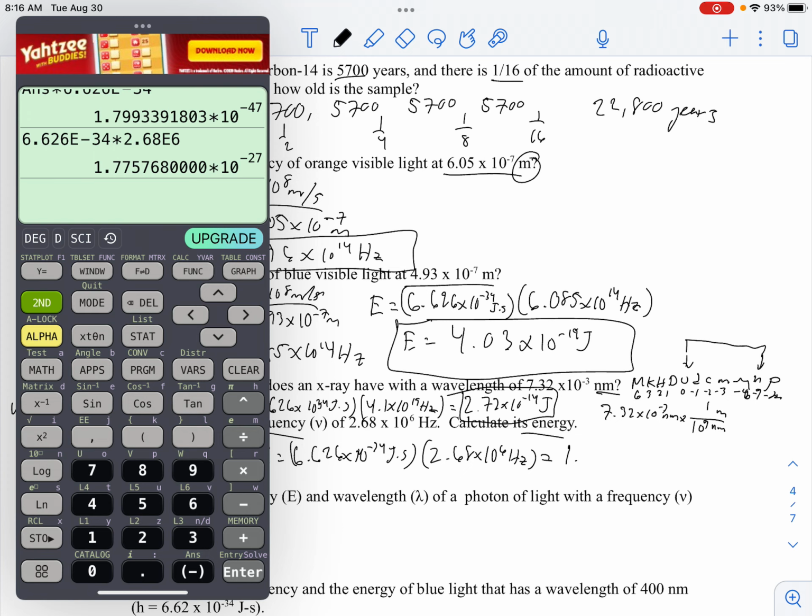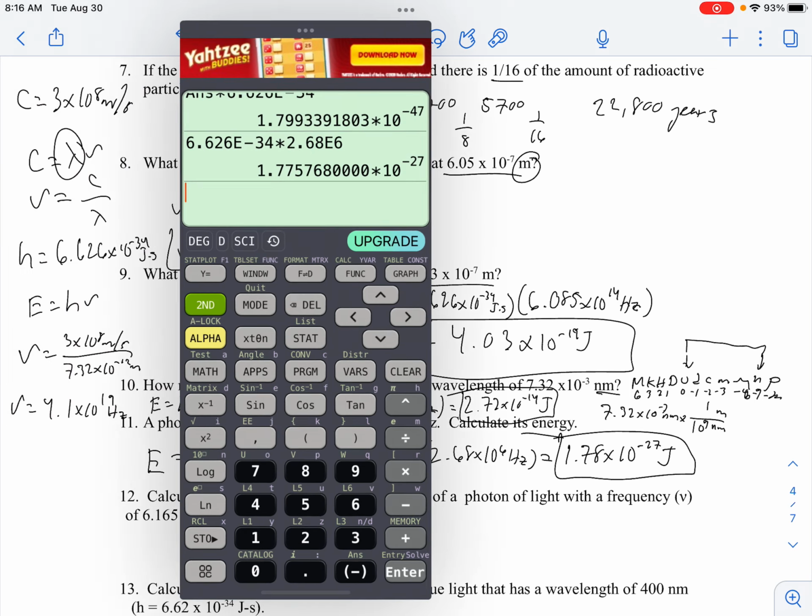That's 1.78 times 10 to the negative 27 joules of energy. Alright, great.